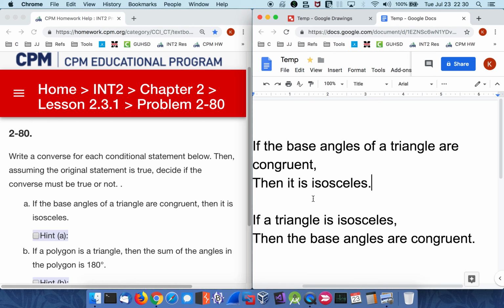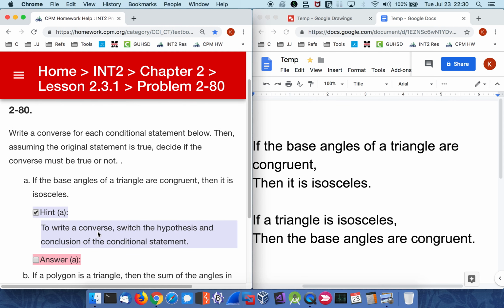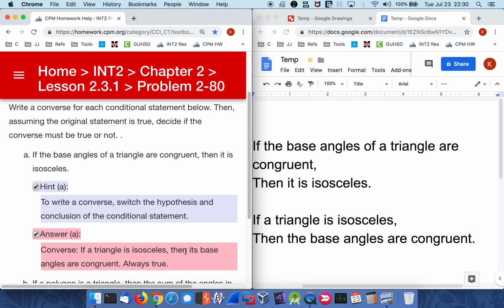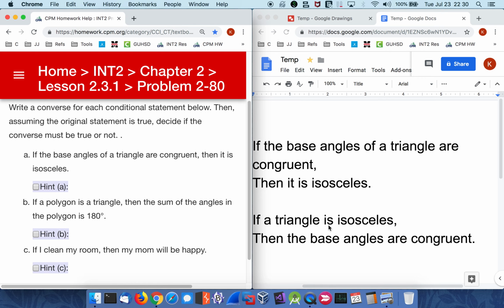The converse is if a triangle is isosceles, then the base angles are congruent. Is the converse true? Sounds true to me. So, yes. Let's see what they say. To write a converse, switch the hypothesis and conclusion. If a triangle is isosceles, then its base angles are congruent. Always true. Cool, good to go.